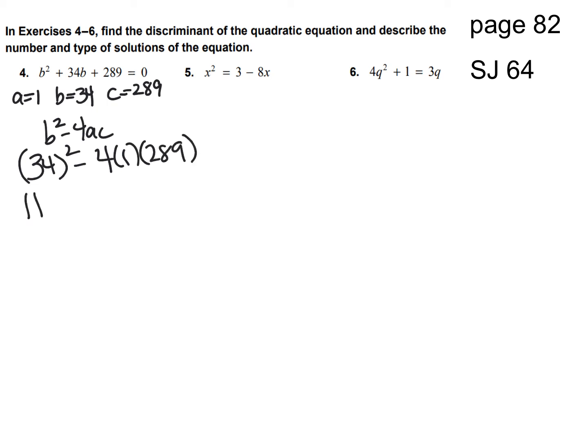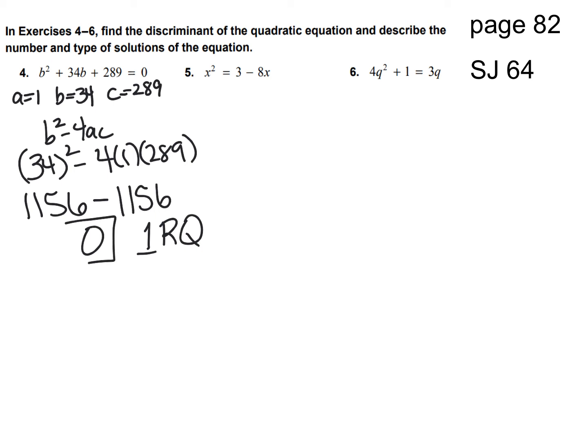So 1,156 minus 1,156, which is 0. So that is equal to 0, which means I'm going to have one real rational root. No radical in my answer. So it says, find the discriminant. Here's the discriminant. And describe the number and type of solutions of the equation. One solution, and it's real and rational. So that's the two answers for number 4.